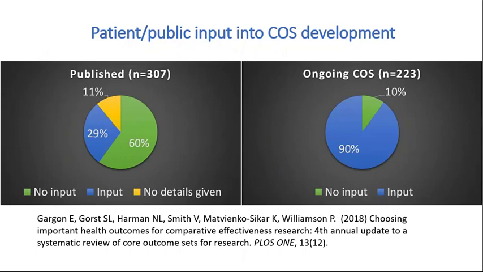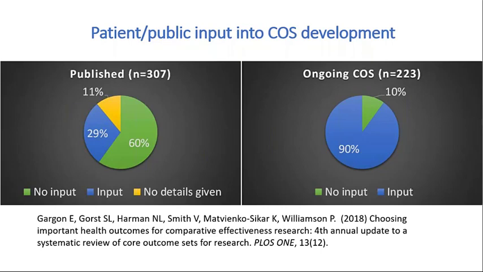So is patient input in core outcomes studies actually happening? The data on the screen is from the end of 2017 and is from both published and ongoing core outcome studies.